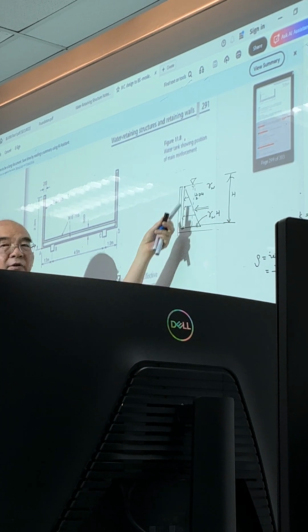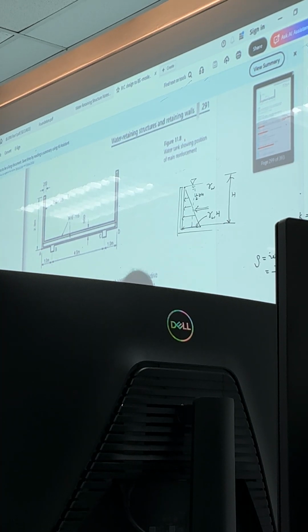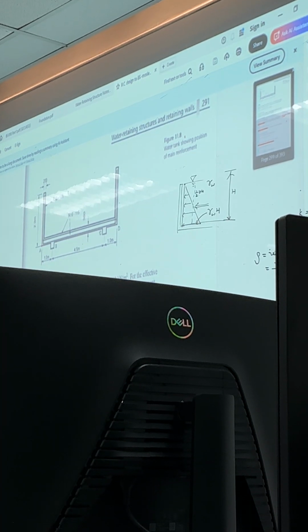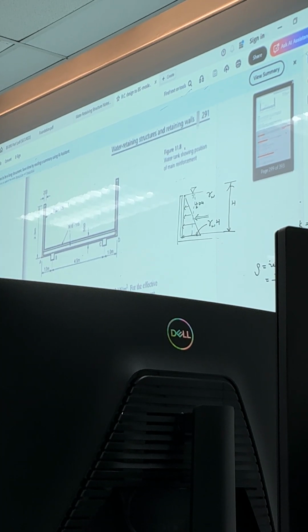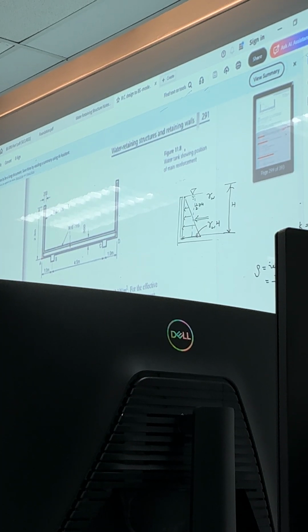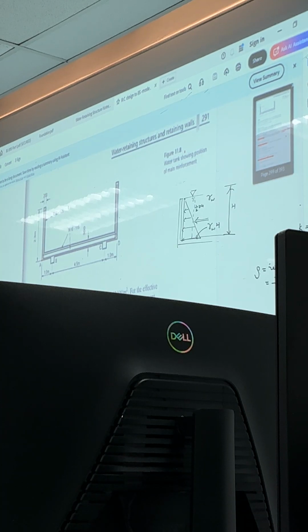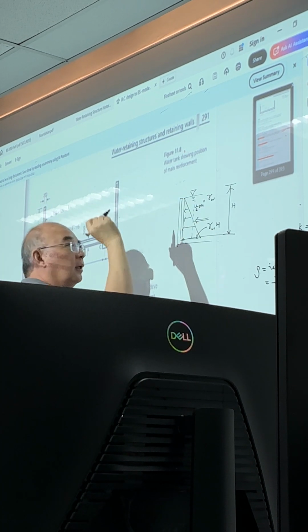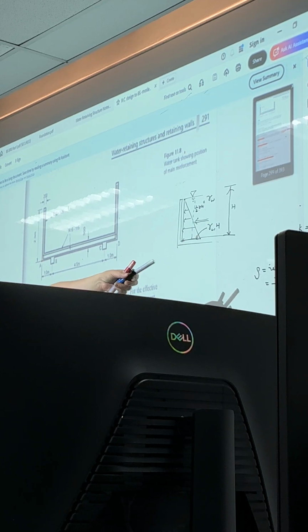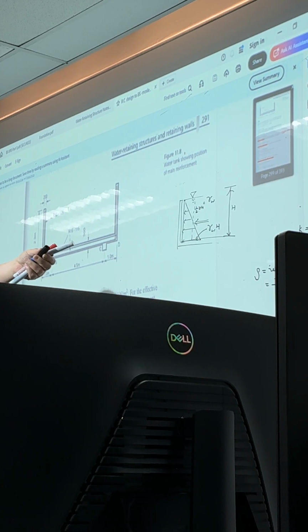Now, this average stress is a uniform stress, right? So, how do you find the force? Is the uniform stress multiplied by the area, or in this case, multiplied by the height, right? So here is h squared. That's why you have the 1/2 of gamma h squared.